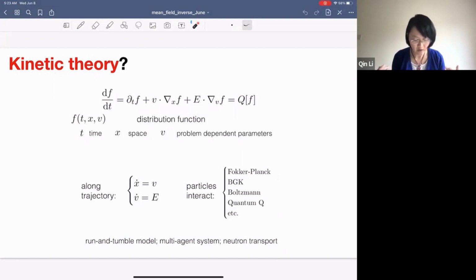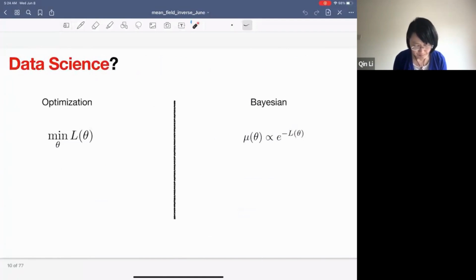And in our case, V is usually the velocity, but you can imagine in some other systems, over here I call it the run-and-tumble model from bacteria, and multi-agent systems from economy. For these kinds of systems, V has a different meaning, but nevertheless, the format of the equation still honors this form. So that's kinetic equation and kinetic theory.